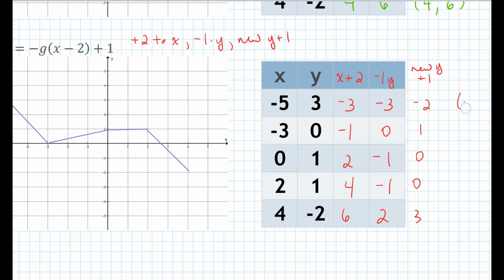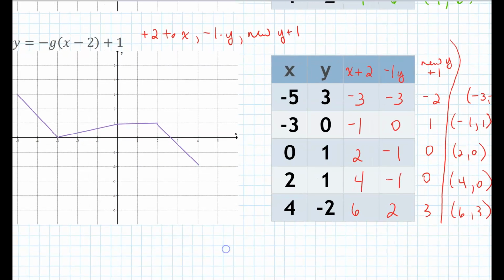So our final x was -3, final y -2. We have -1, 1. I need to make a line here so I don't mix up my columns. Okay, we have 2, 0. We have 4, 0. And we have 6, 3.